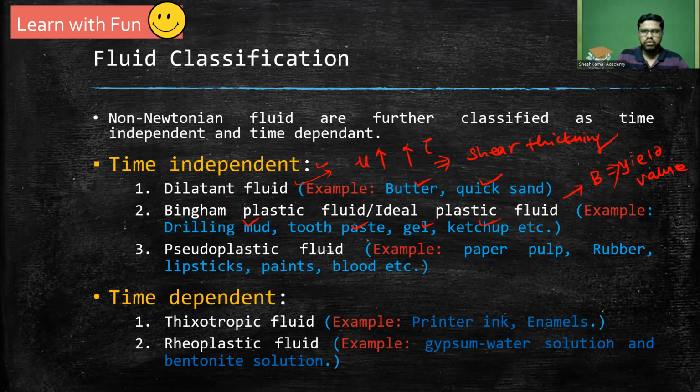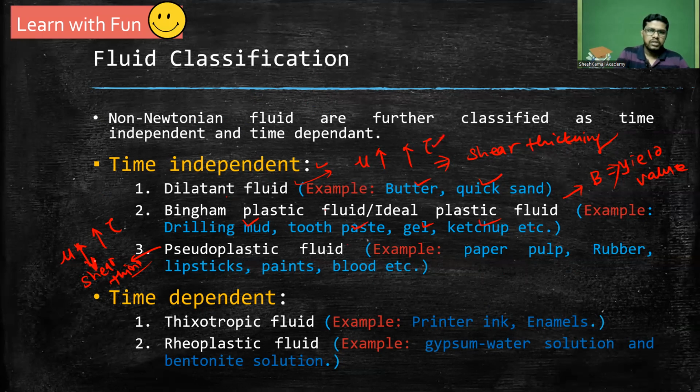Then third one is the pseudoplastic fluid. The pseudoplastic fluid means the viscosity of such a fluid decreases with the increasing shear stress. The pseudoplastic fluids are also called shear thinning fluids. The dilatant fluids are called shear thickening fluids, whose viscosity increases with the shear stress.